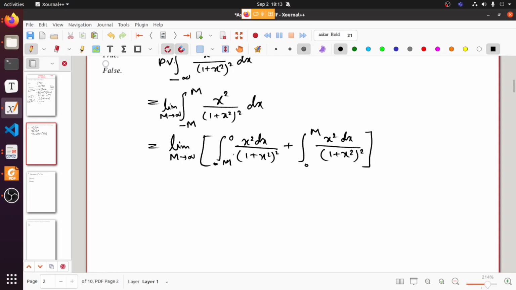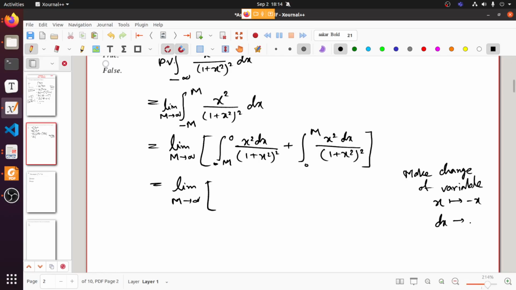Now you can do it easily, just make the change of variable. Here x goes to minus x in the first integral. So it will be limit m tends to infinity. The integral limit will change. When x is minus m, it will become m, and when it is 0 it will become 0, but then dx will be minus dx, right?